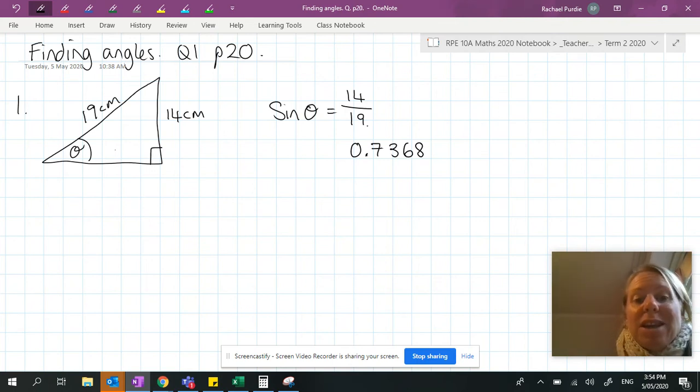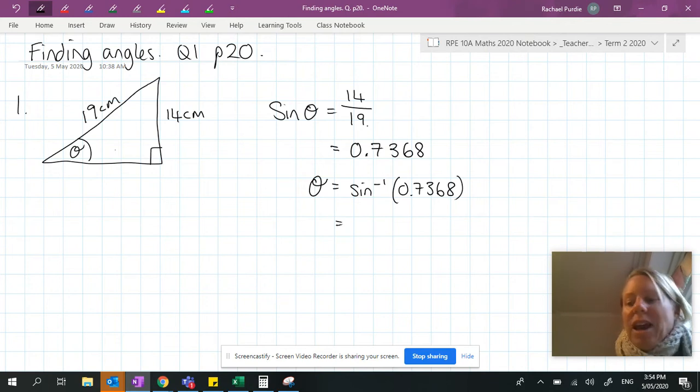Okay, and then your next step, all you need to do now is shift sine, so inverse sine it's called, of 0.7368. On your calculator, you'll have a shift button and then you push sine, and that does the one above it, sine with a little -1, and that's inverse.